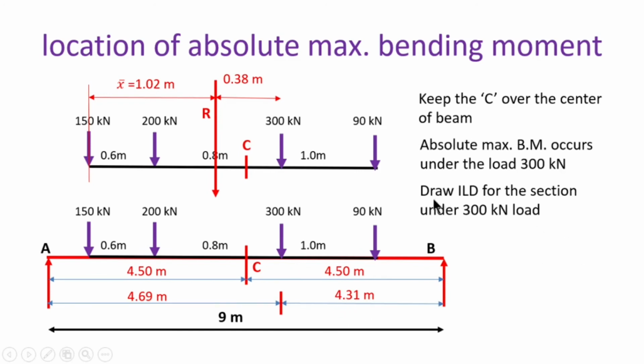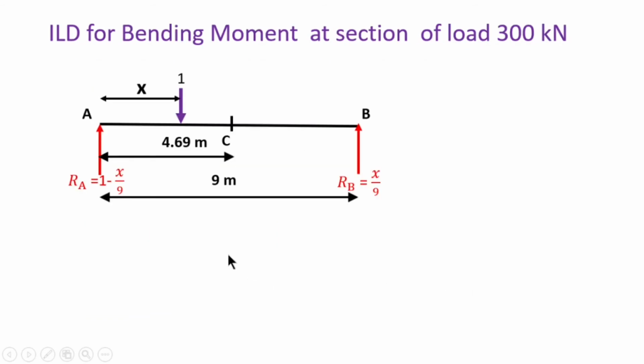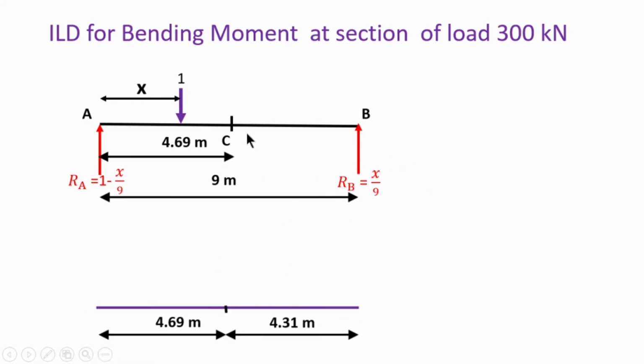Then the next step is to draw the ILD for the section under the 300 kilonewton load. It means we have to draw the ILD for the section 4.69 from the left support. If you want to find the ILD, we apply the unit load at a distance x from the left support and find the reactions RA and RB by the routine procedure. Then draw the line equal to the span.